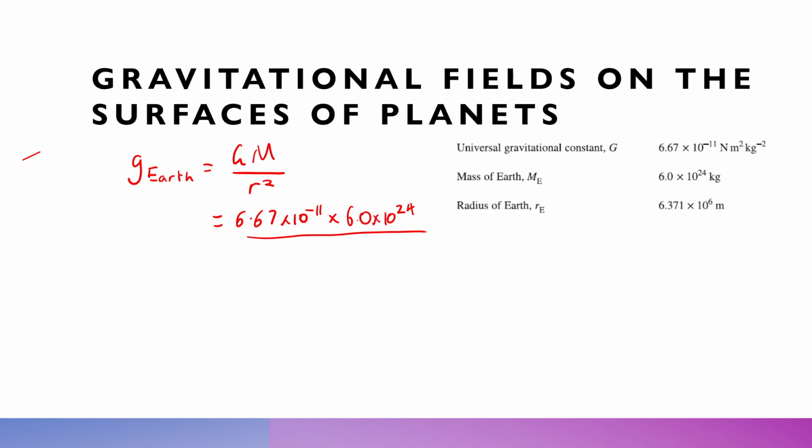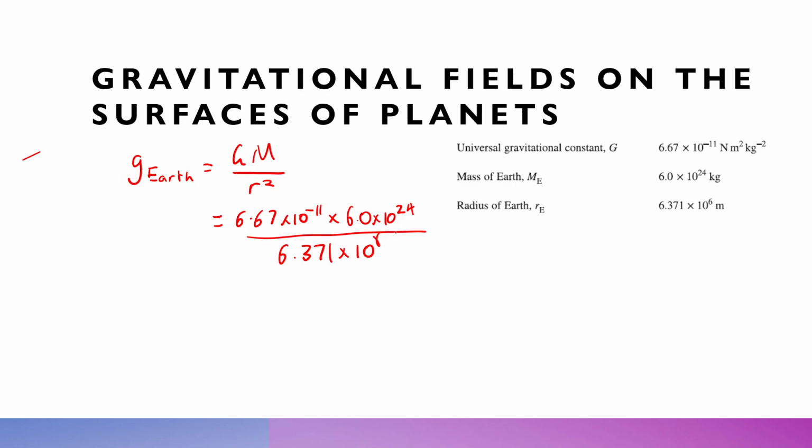And the radius of the Earth is also given in the data sheet. Now, the radius of the Earth is not an exact value. There is deviance for this radius, but if we are going to assume that the gravitational field on the surface of a planet is uniform, then we also need to assume that the radius of that planet is uniform as well. So given that, we're going to be substituting the average radius of the Earth, which is 6.371 times 10 to the 6 meters.